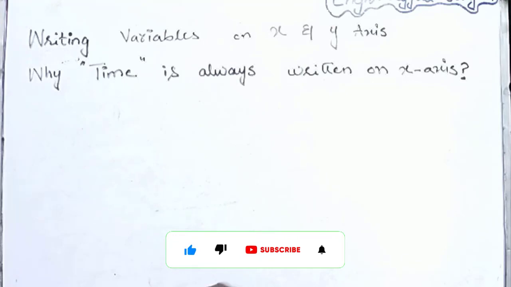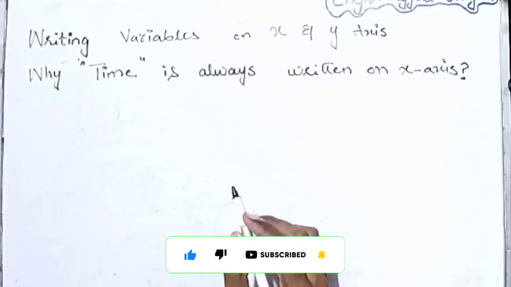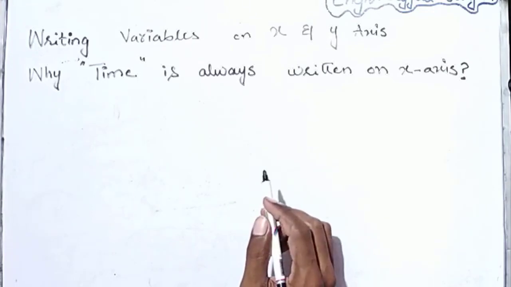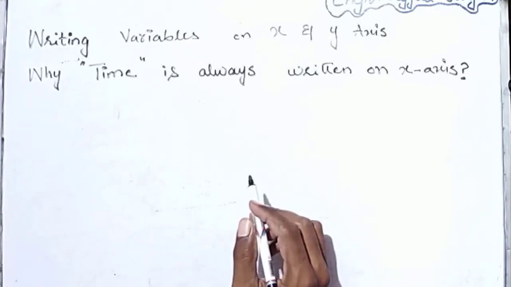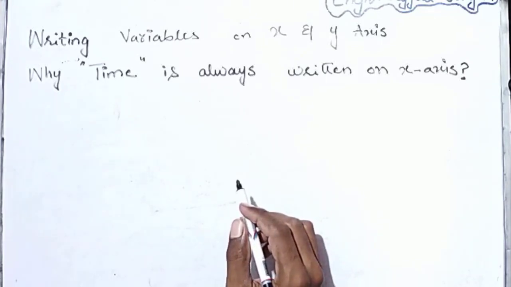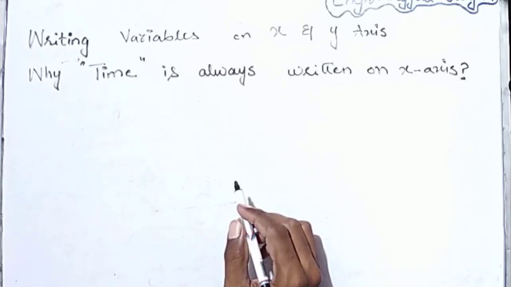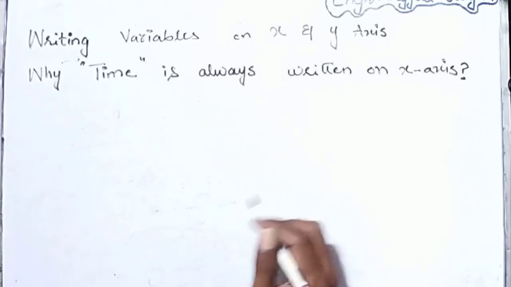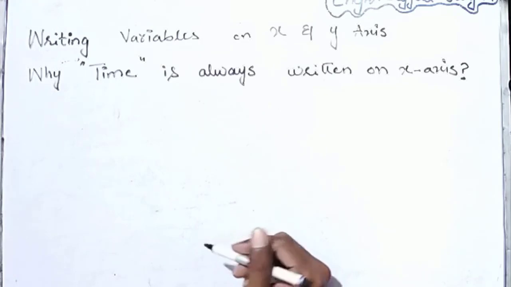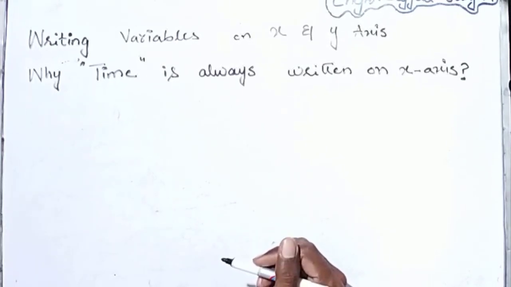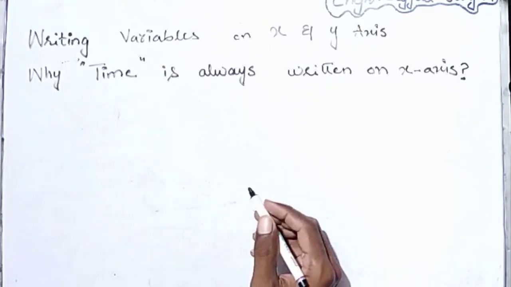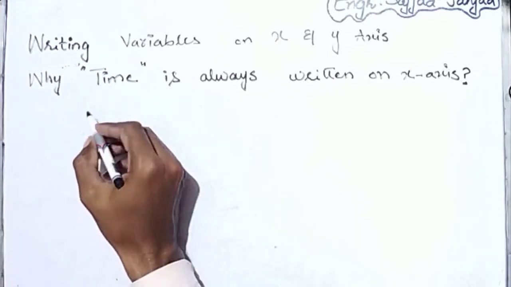So first of all, we will discuss why we write time or any other variable on the x-axis and y-axis, and what is the difference between writing variables on the x and y-axis. First, we will discuss the types of variables, and we have two types of variables.